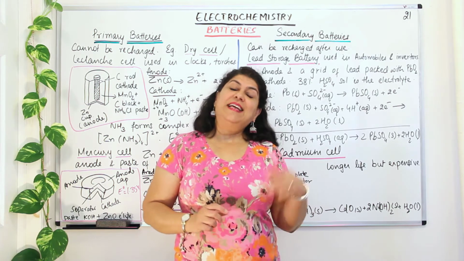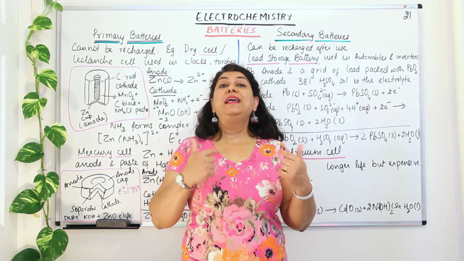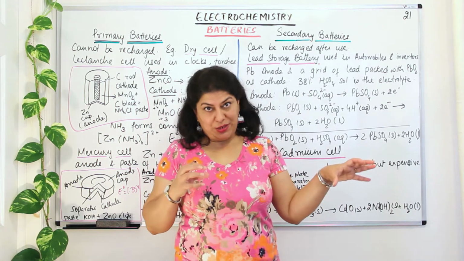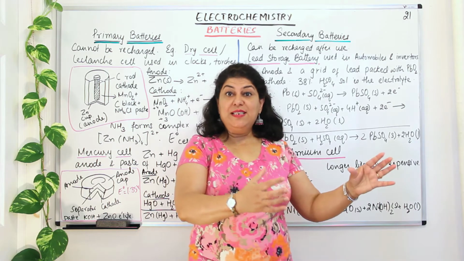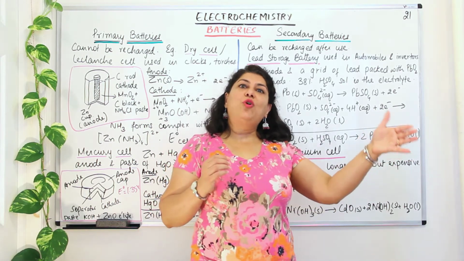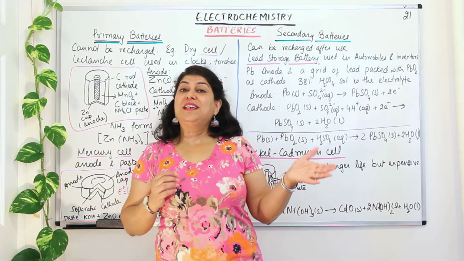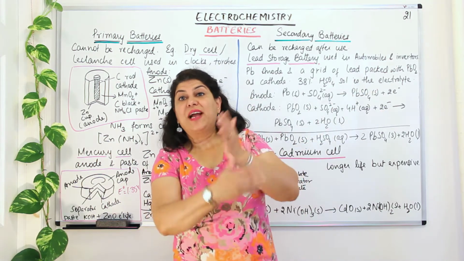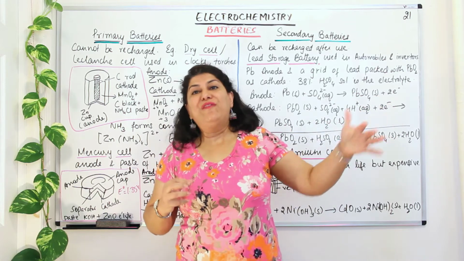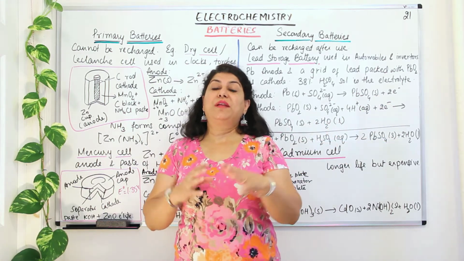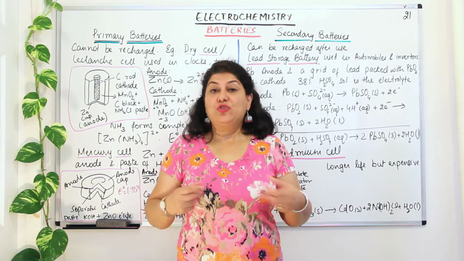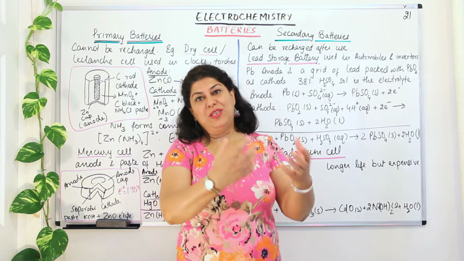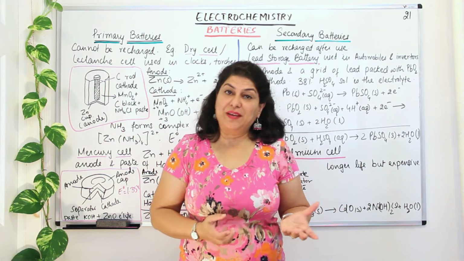On the other hand, secondary batteries are those which can be charged or recharged. That is, once the chemical reaction takes place, it generates electric current. It is possible to carry out the opposite reaction by turning it into an electrolytic cell, by reversing the reactions using electricity and forcing it to occur in the opposite direction to give you back the reactants, so that the next time you use it, it again carries out the same reaction and gives you electric current.